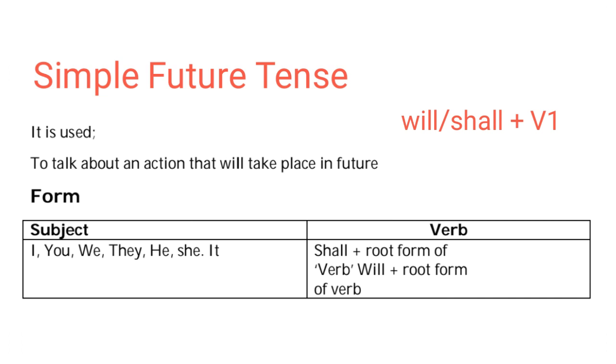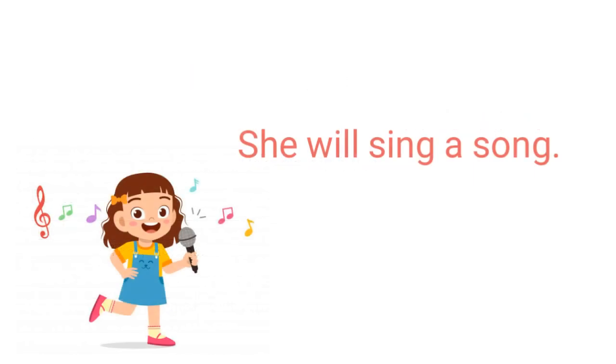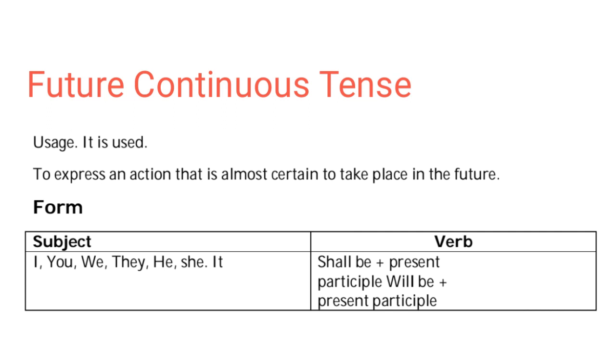That means the V1 form of the verb should be used with will or shall. That's the verb form. And its usage: it is used to talk about an action that will take place in future. Example, she will sing a song. Will sing.